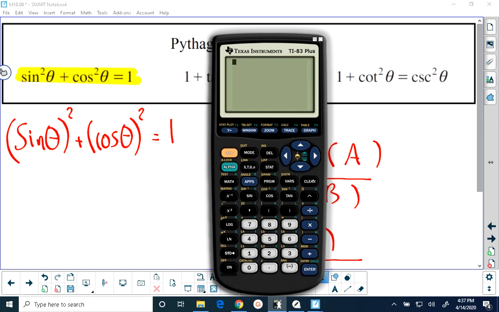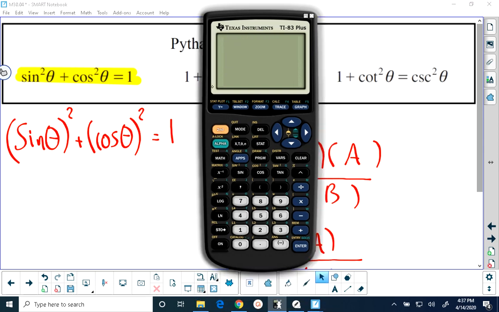I pick an angle of 1.4 radians. If I want to take the sine squared of 1.4, my calculator is smart enough that when I type that, it's going to square the whole thing. I don't need to put the sine of 1.4 in an additional set of brackets.